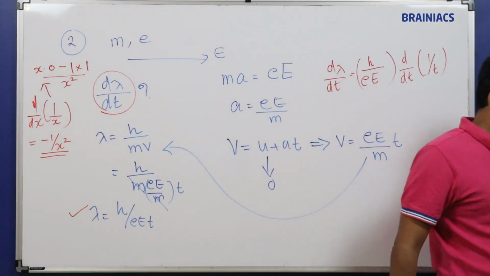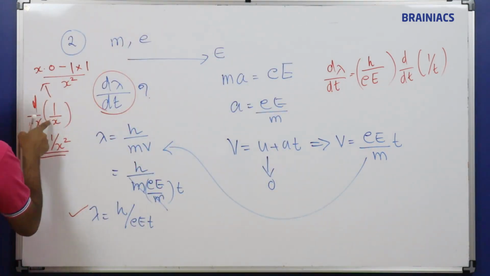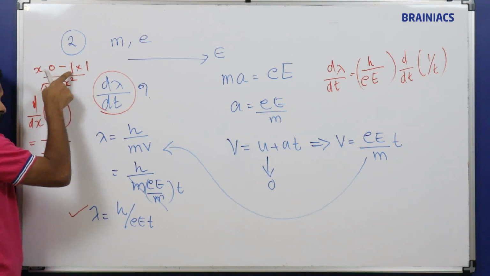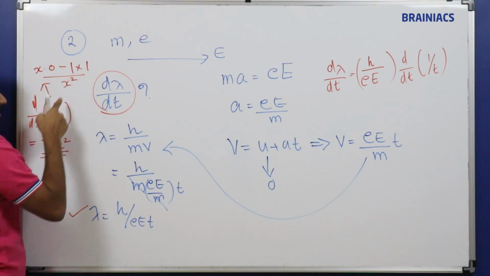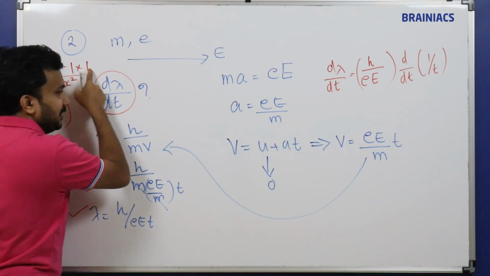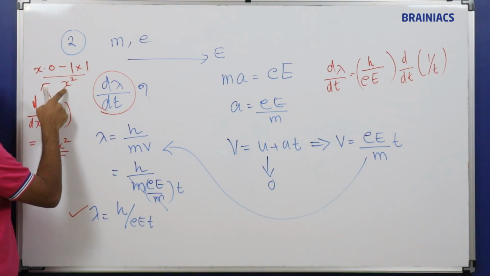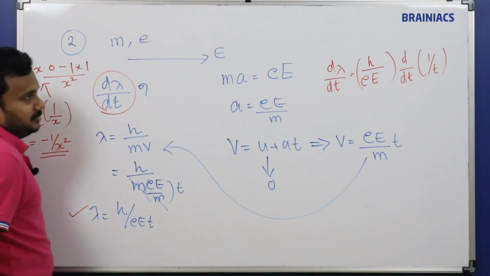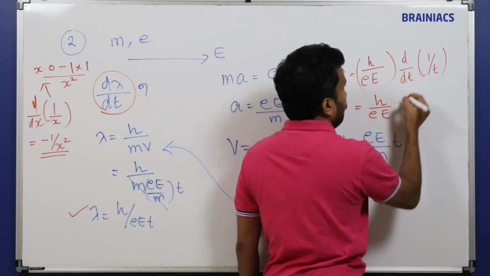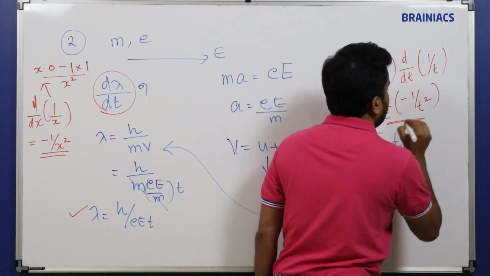So minus 1 by x square. By applying this, h by eE into 1 by t becomes minus 1 by t square, which is the final answer to the question.